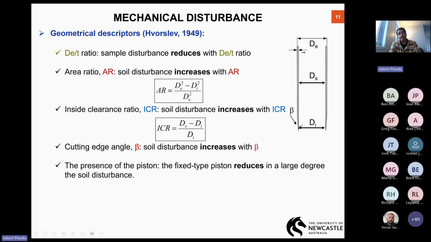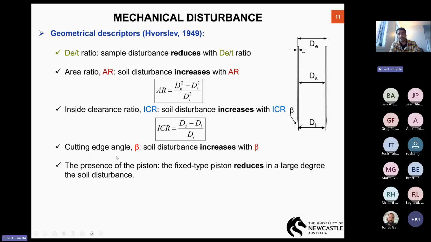So that's called the inside clearance ratio, and this is really, really bad in order to produce sample disturbance. So the idea is to have inside clearance ratio close to 0 or equal to 0. No difference in diameter between this point at the cutting shoe or in the middle of the sampler.